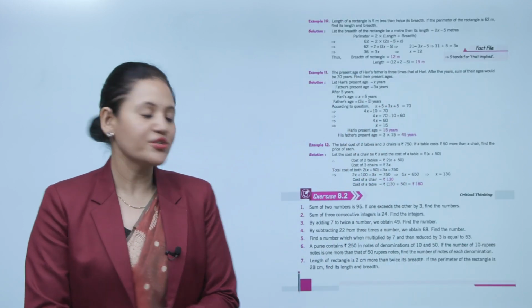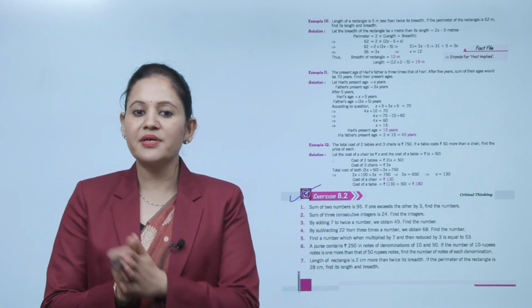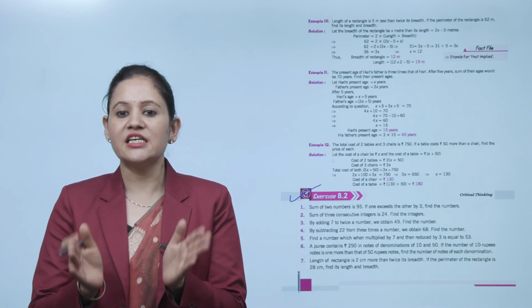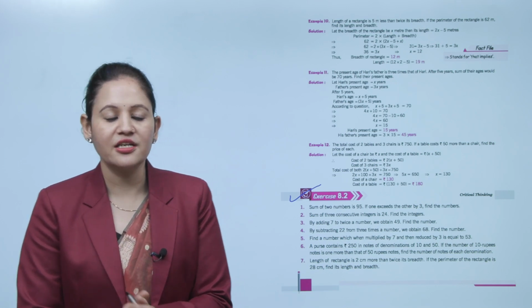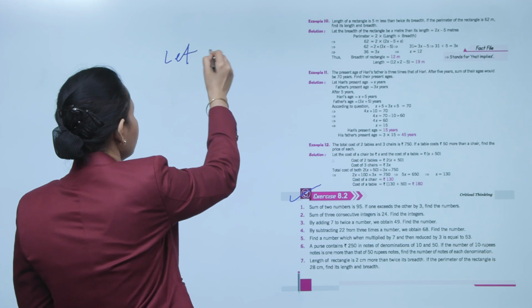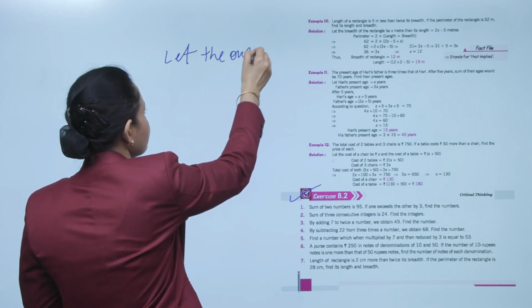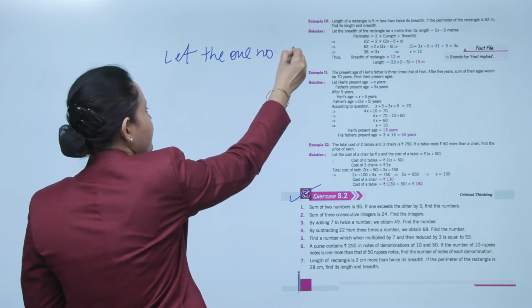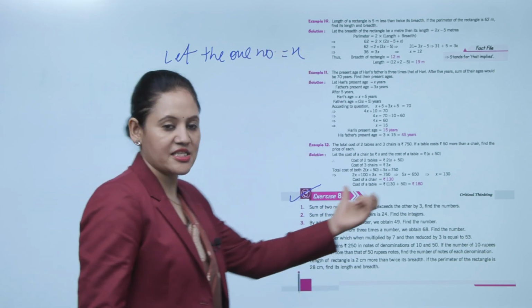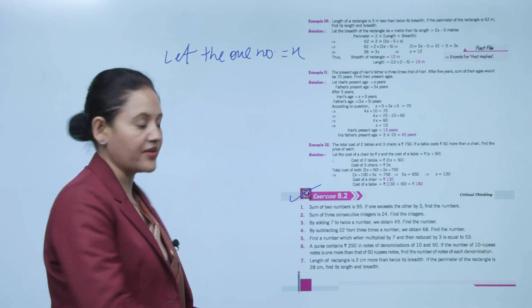Next is exercise 8.2. Sum of two numbers is 95. If one exceeds the other by 3, find the numbers. Suppose one number equals x. So the other number exceeds by 3 and their sum is equal to 95.